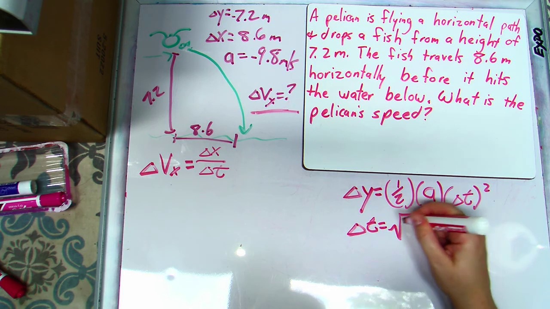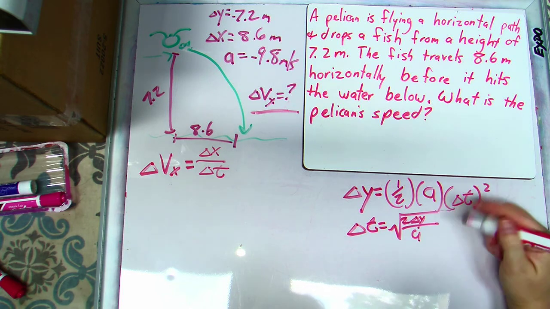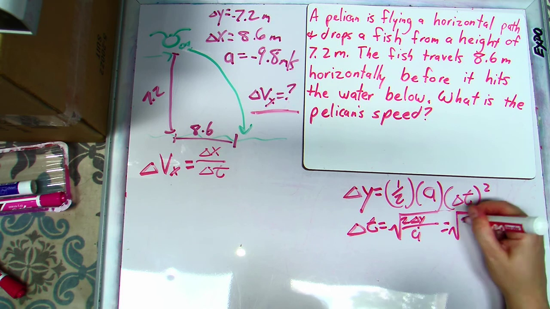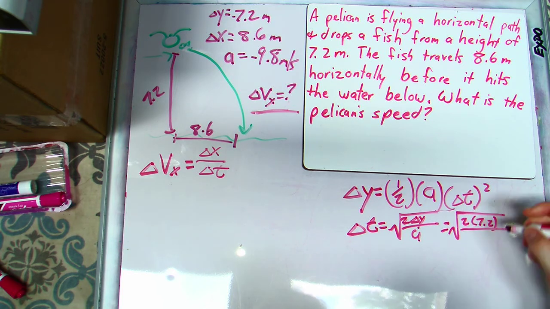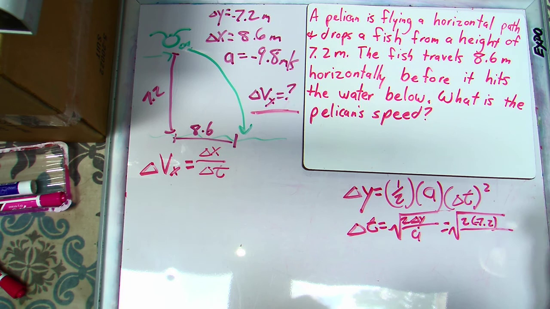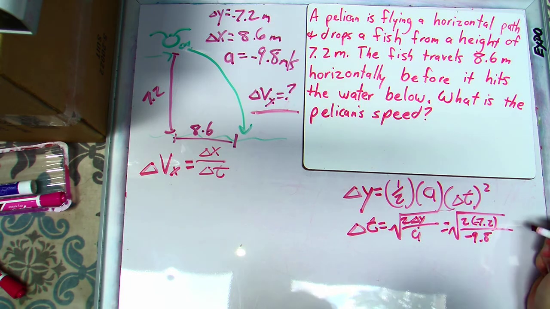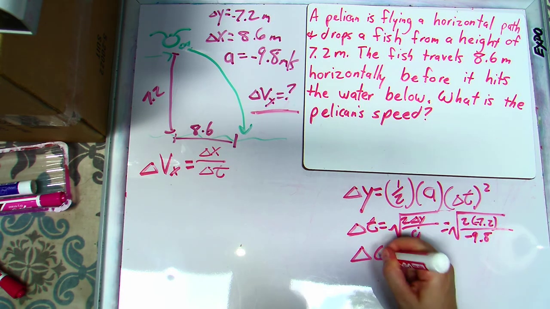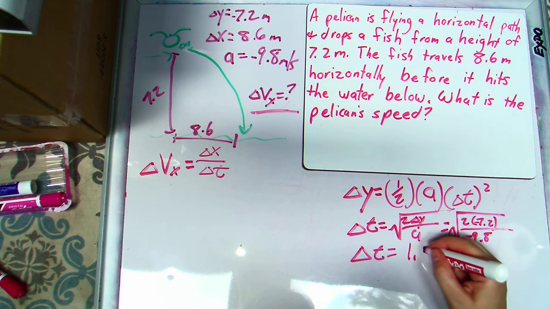So t equals the square root of 2 delta y over a, which is 7.2 over negative 7.2 because it's moving downward, negative 9.8 meters per second squared, and our time is going to equal 1.2 seconds.